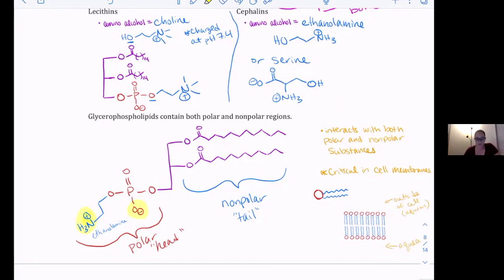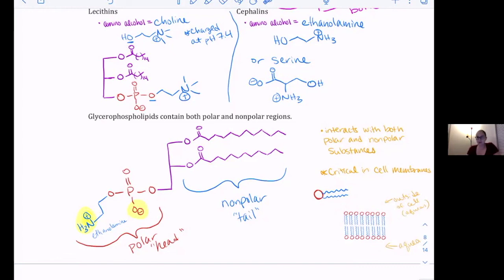So they actually won't look as much like this, how we drew it up here, but will look more like this, where the tail is going to be opposite the head. Because of this, they like to interact with different substances. The nonpolar tail likes to interact with nonpolar things. The polar head likes to interact with polar things. And that's critical to how our cell membranes work. If you imagine this red circle as our polar head, and our little squiggly blue lines as the nonpolar tail, you can put lots of these next to each other and end up getting a layered effect.